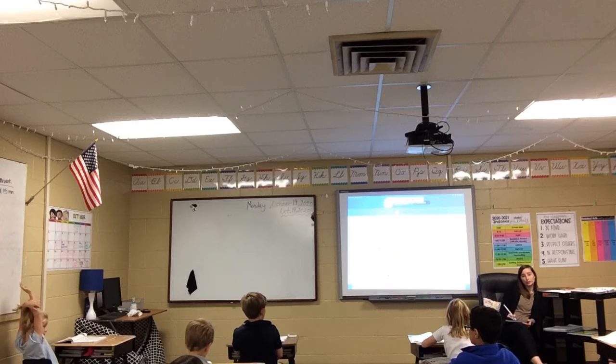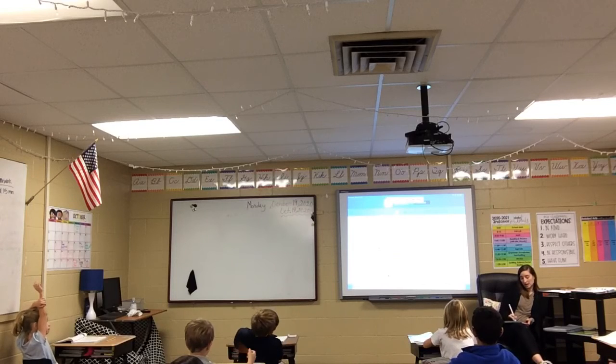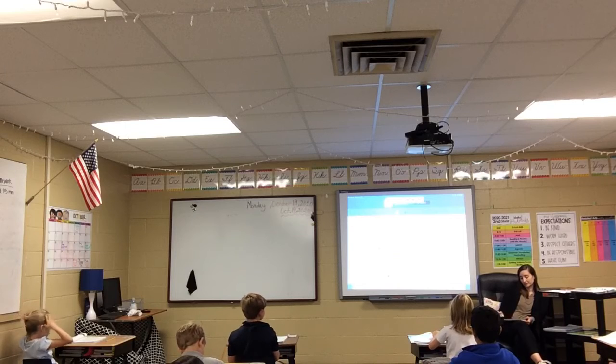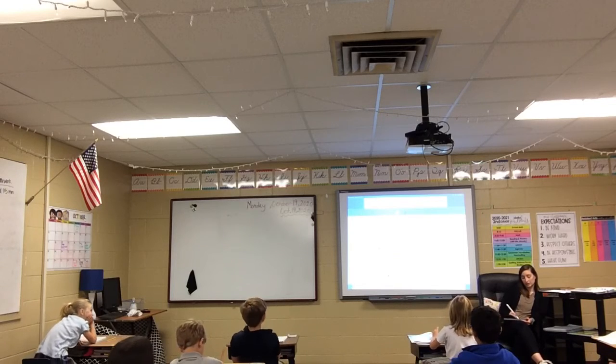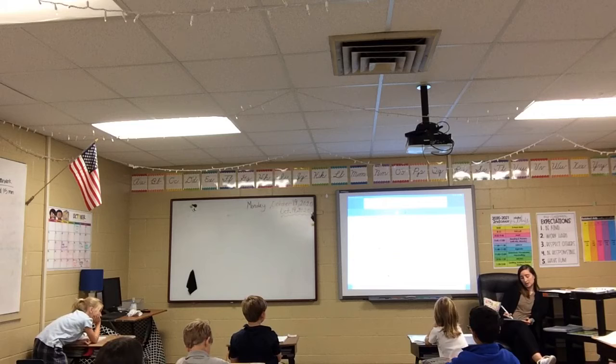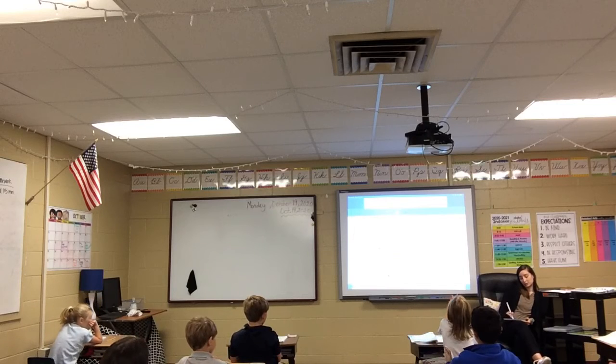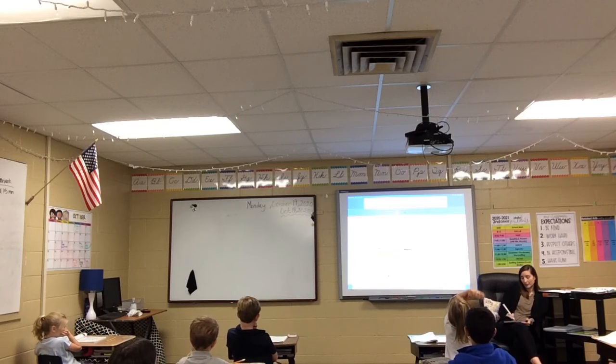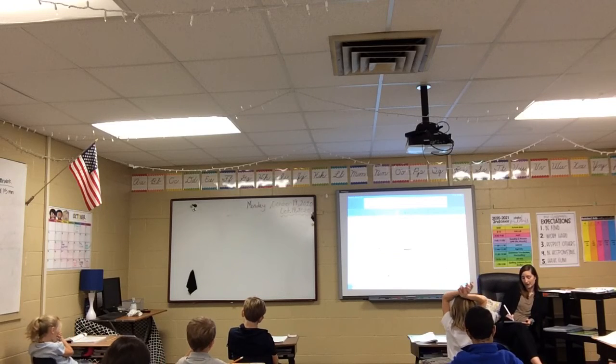Then what's 2 more than 16? 18. What's 2 more than 18? 20. Okay. So we have 16, we got to get to 19, which we did, right? So what number is it? It's 18.